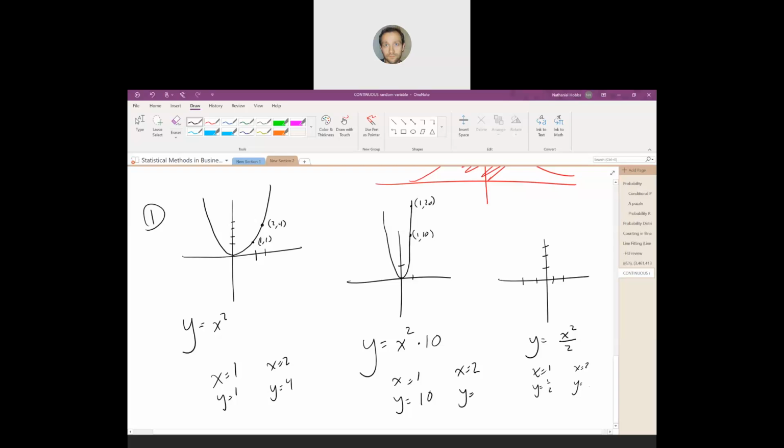Perfect. So we have 1, 1/2, and 2, 2. And maybe for the second graph, it should be 40, not 20. Yes, you're right. Thank you very much.